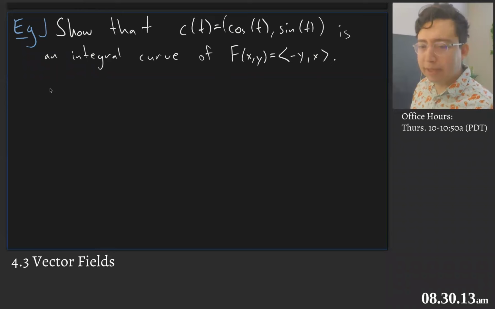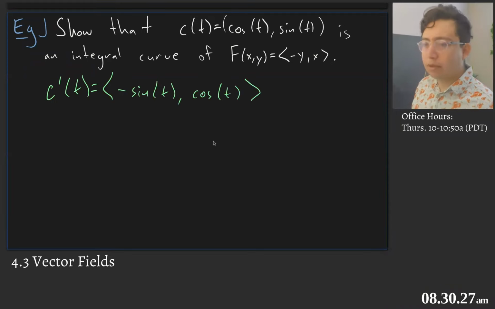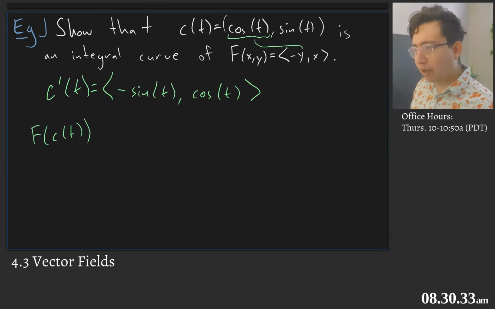Okay, so as I said, we start by taking the derivative of c of t, and that's going to be negative sine of t, and then cosine of t. And then if I take f of c of t, I plug in here. Sorry, that is x, so that's my x and my y.